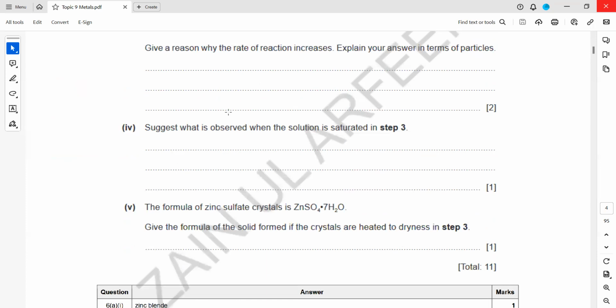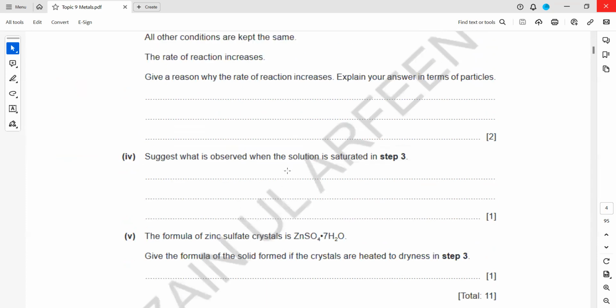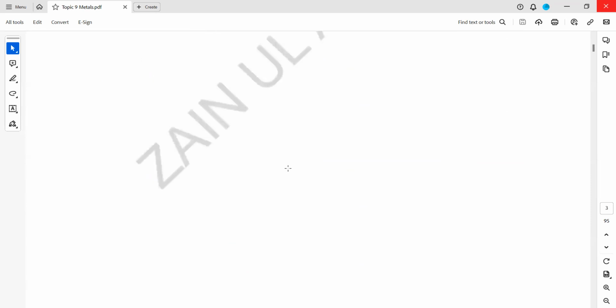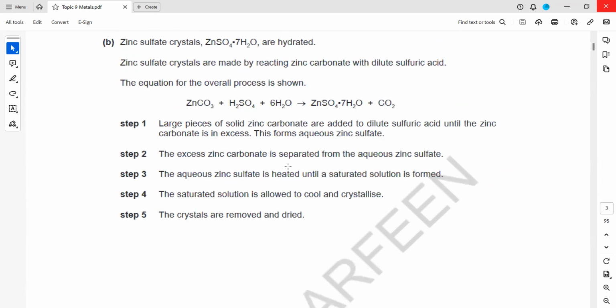So what is observed when the solution is saturated in step 3? What will we see when the step 3 solution is saturated?